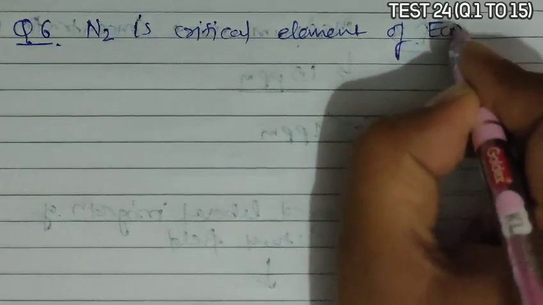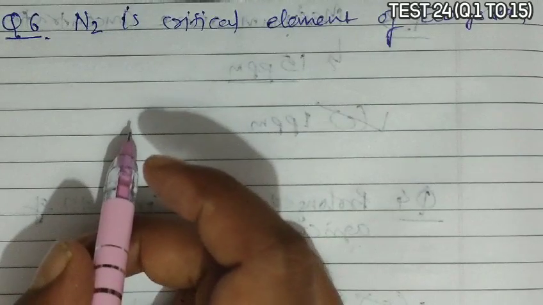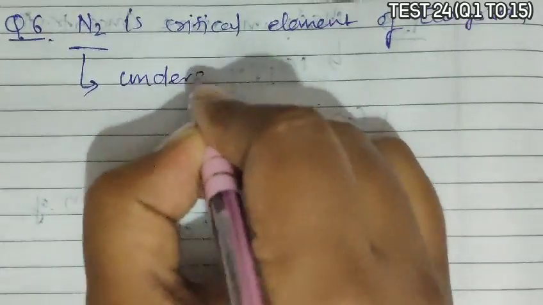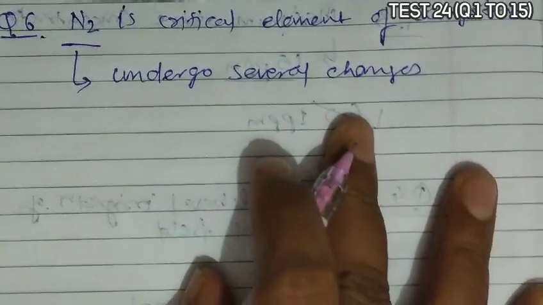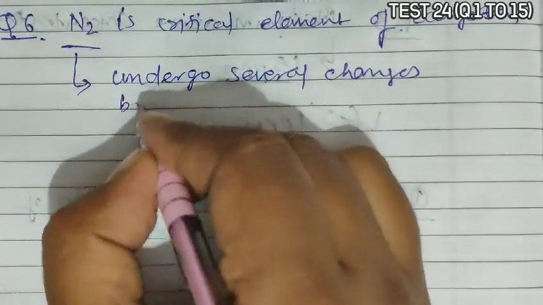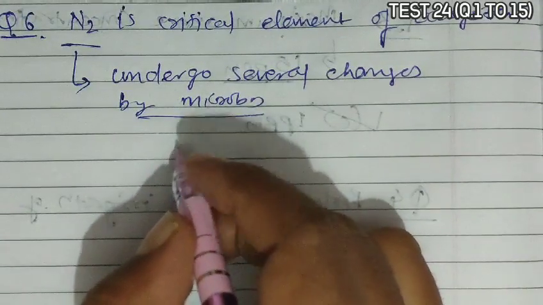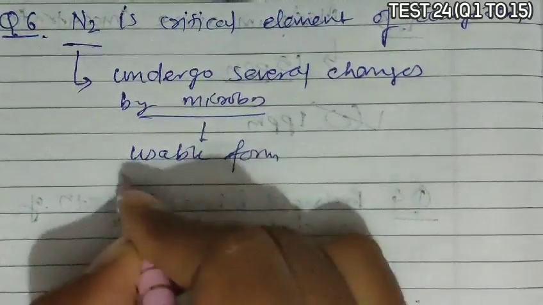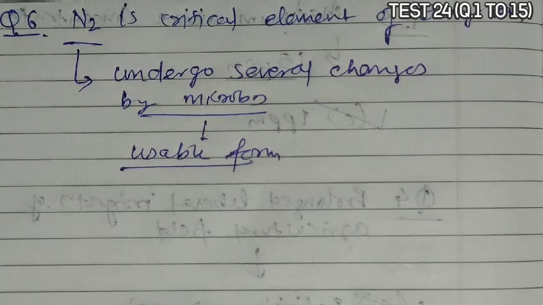So if we talk about this, nitrogen undergoes several changes in its form by microbes, and they convert it into a usable form, and that usable form is nitrogen oxides, and plants absorb this nitrogen element, and through this the survival of the plant occurs.